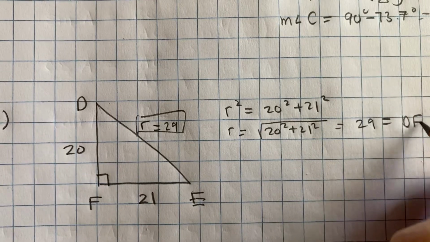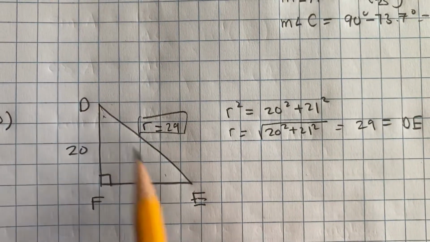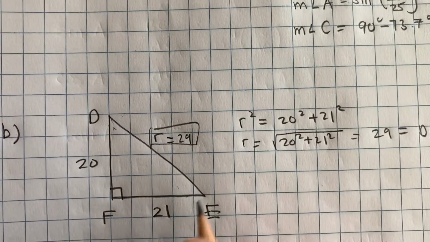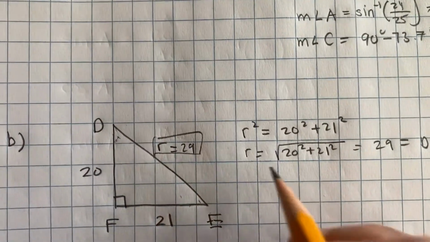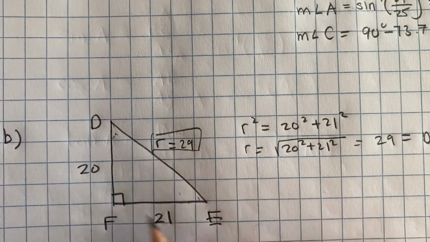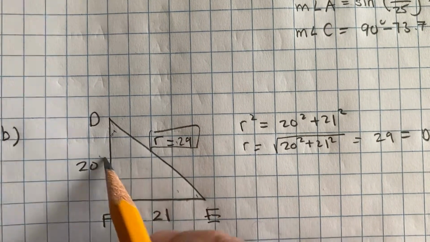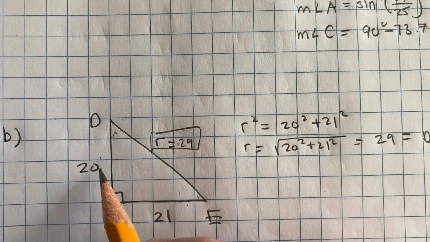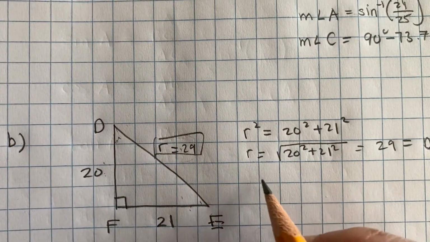So that's my DE. And to figure out any one of these angles, you can use sine, cosine, tangent. This time I'm going to figure out what angle E is first instead of this angle. If I want to use angle E, I could use any of the three trig ratios because I have all three side lengths. But assuming that I didn't know that this was 29, I'm just going to use the opposite side and the adjacent side.